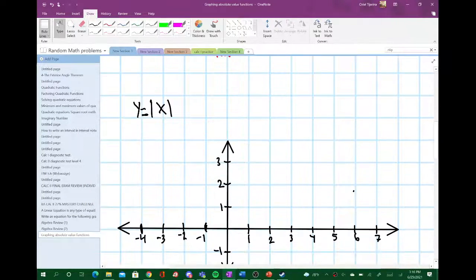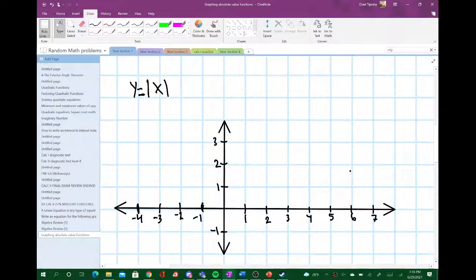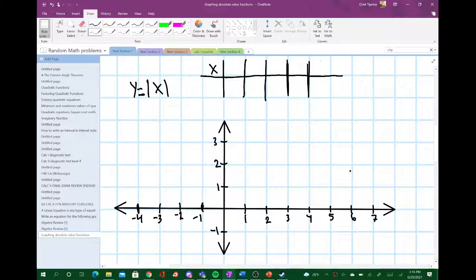So the absolute value of x, if you want to look at it as an xy table, you can. There's nothing wrong with that. But we want to make sure that we understand both ways, because it's necessary, especially if you are in college.